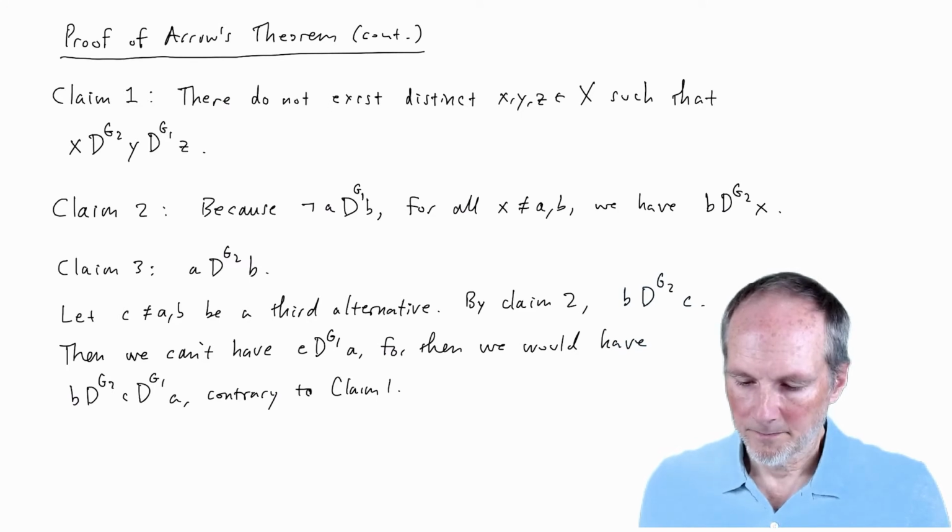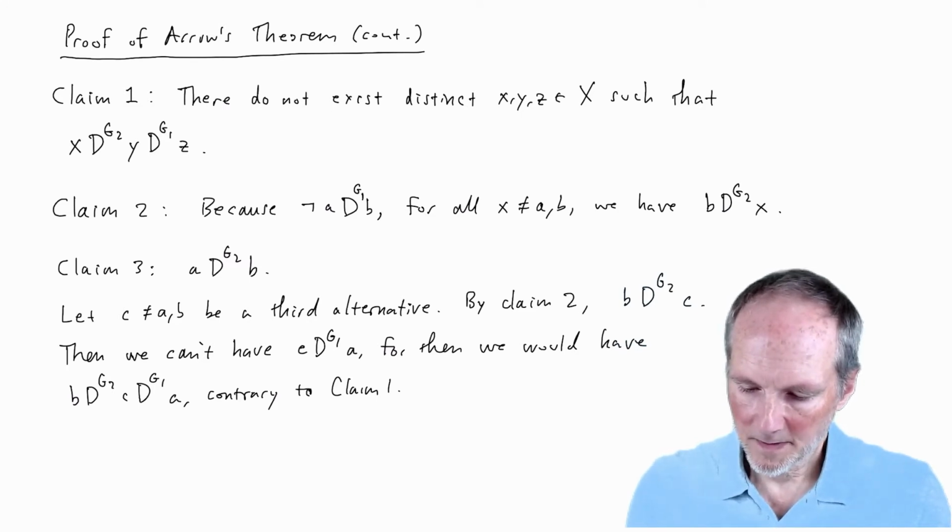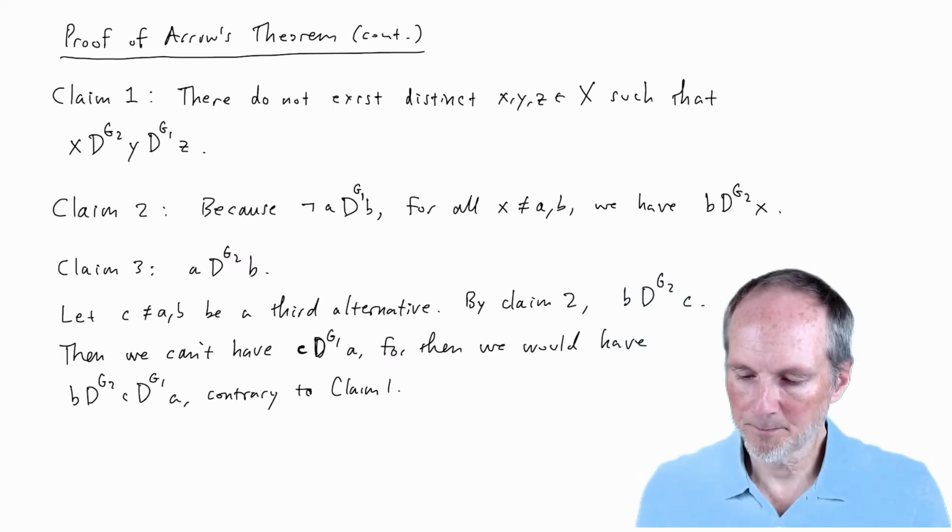So we can't have G1 being decisive for C over A.